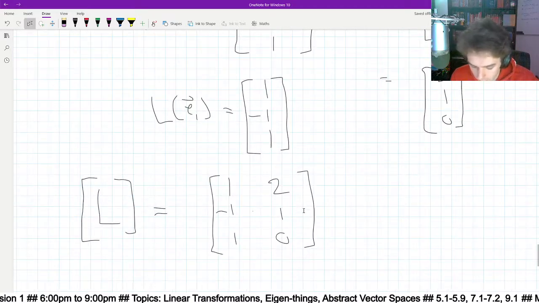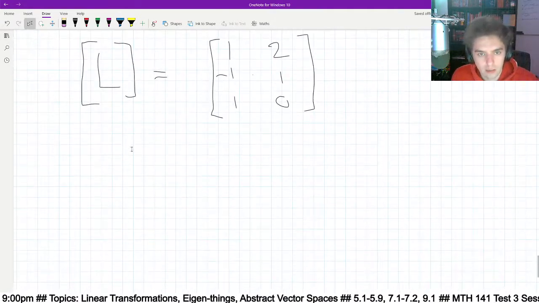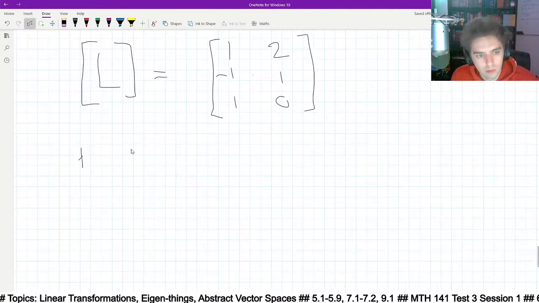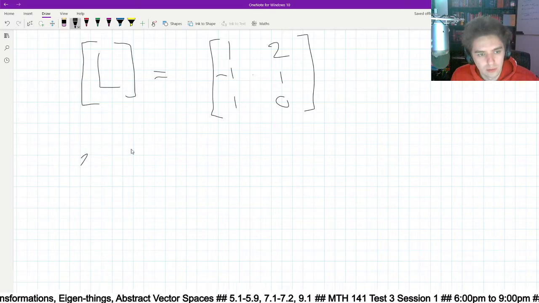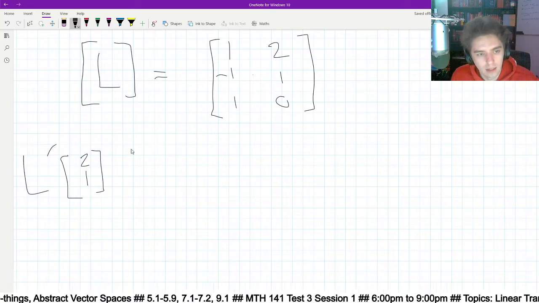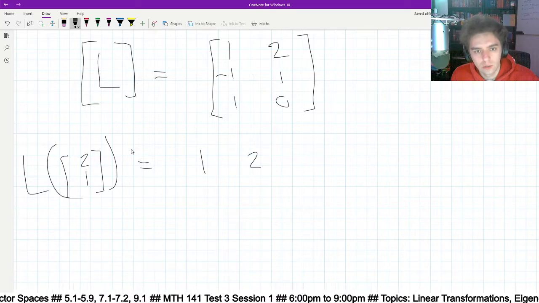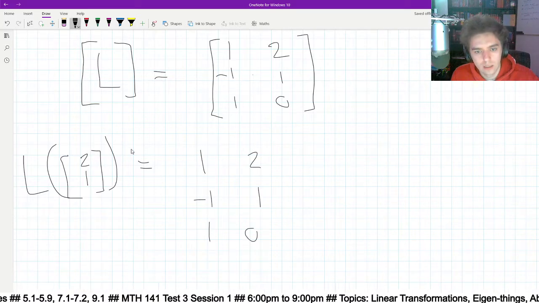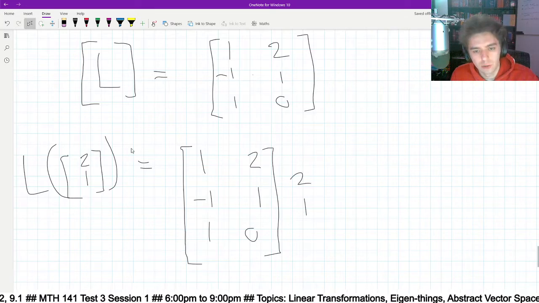So that's everything. If I wanted to transform a vector in R2, let's say I wanted to know where the vector (2, 1) goes, what's L of that? Well, I would just multiply the matrix by (2, 1).